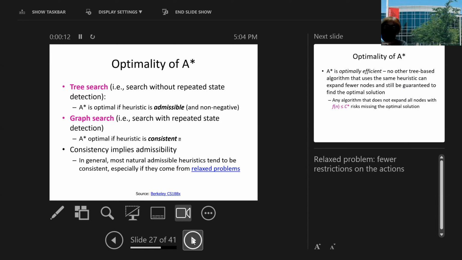Okay, so if you recall, last class, we started discussing informed search. Under informed search, we discussed greedy best first search first.